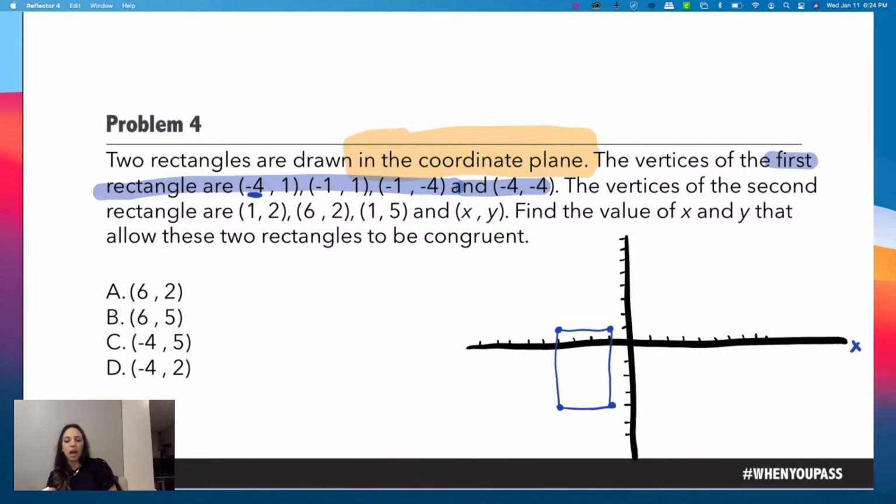The vertices of the second rectangle are these. Over 1, up 2. Over 6, up 2.